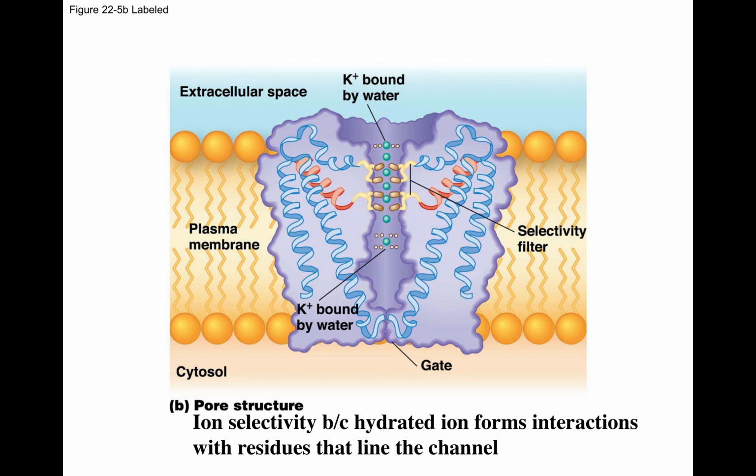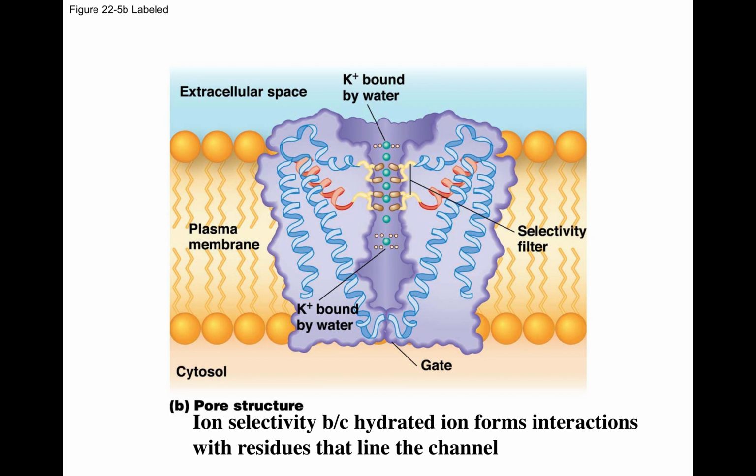The other part of these channels is that they are selective for given ions. So a potassium ion doesn't flow through a sodium ion channel, and vice versa. And that's because the potassium ion is going to be surrounded by water molecules and will be a certain size when it's surrounded by water molecules. That's its hydrated radius.